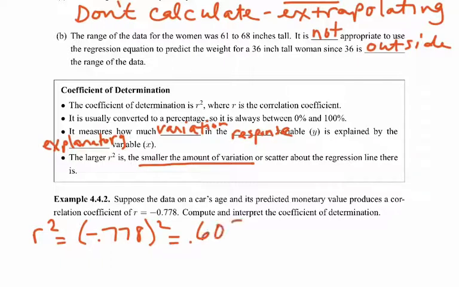I get 0.605, and we're going to change that to a percentage by moving the decimal over 2 spots. So I get 60.5%. So what does that mean?